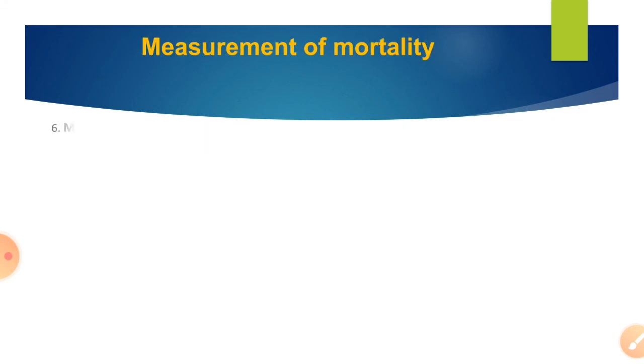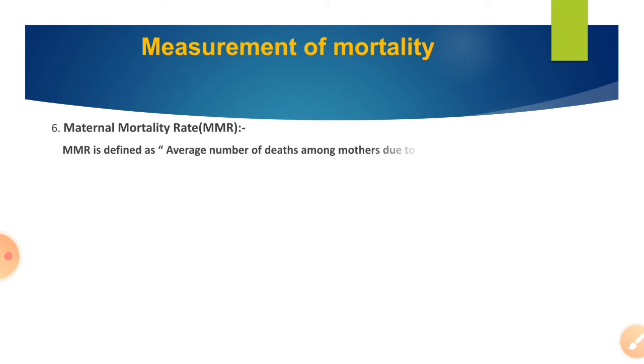So let us take the last important measure, that is maternal mortality rate, in short called MMR. MMR is defined as the average number of deaths among mothers due to causes relating to childbirth per thousand births in a year. In general, MMR means deaths of mothers at the time of delivery.